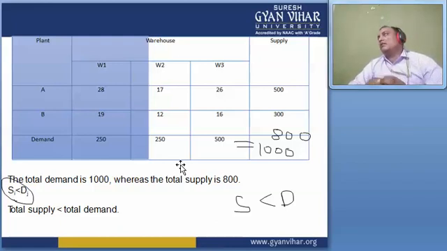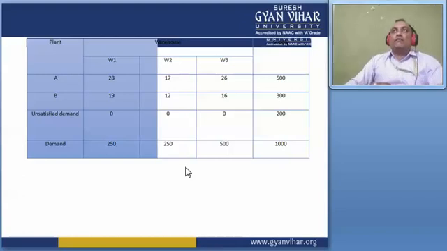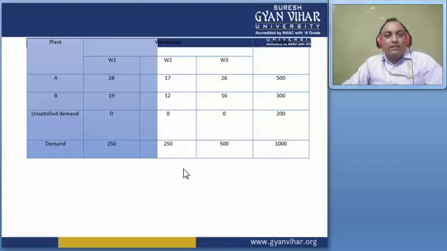You can solve this problem with any kind of method, right? For the solution of this problem, I will discuss in the next video the unbalanced problem related to the northwest corner rule method, right? Northwest corner rule method.